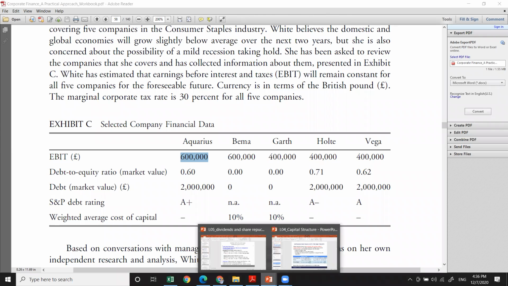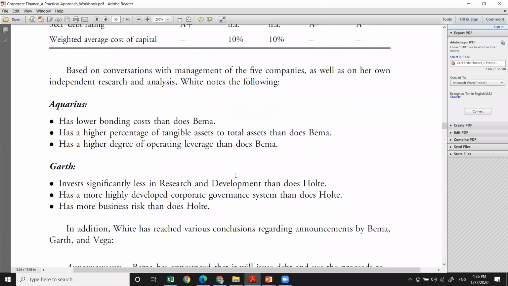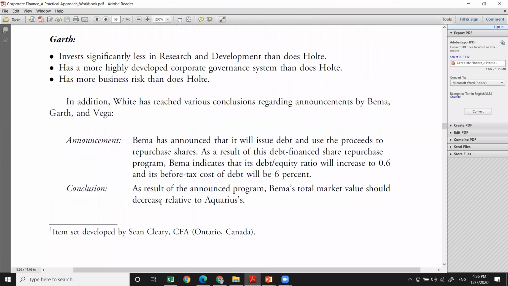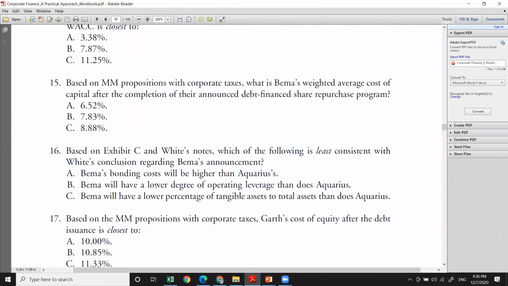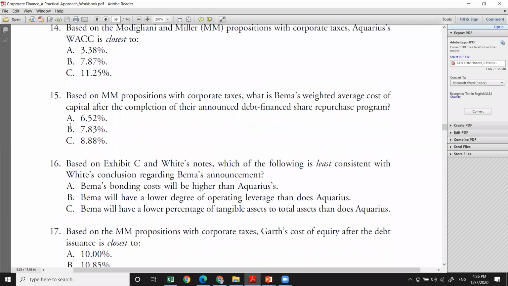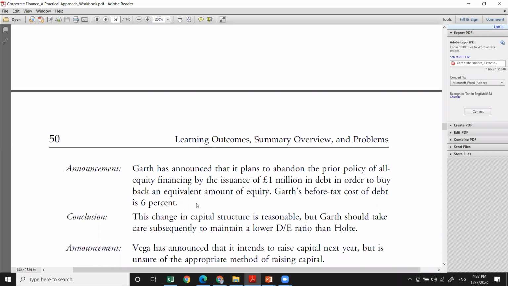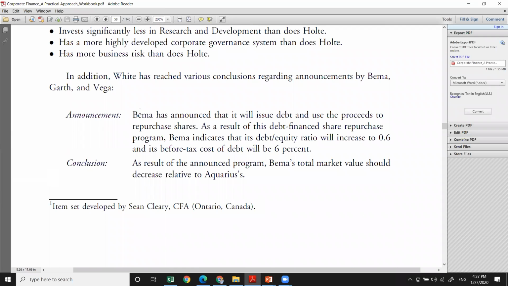Now here we have to use the formula, because all the other information for BEMA is given in its announcement. BEMA has announced that they will issue debt in order to repurchase some number of the shares.